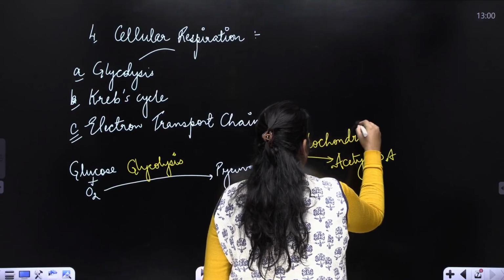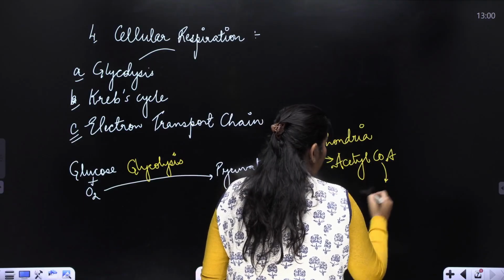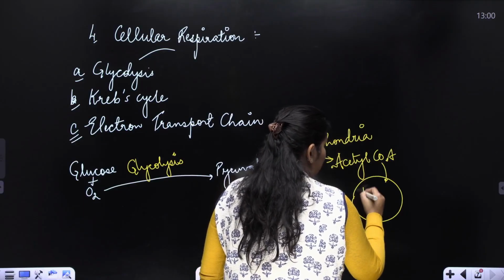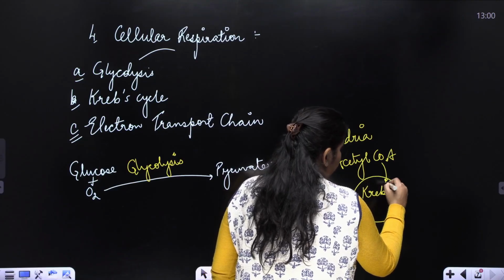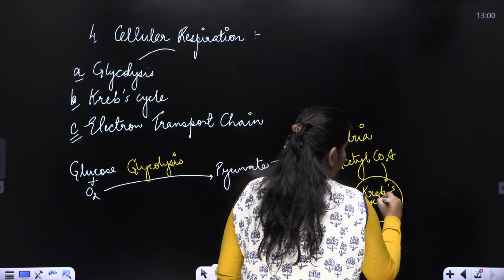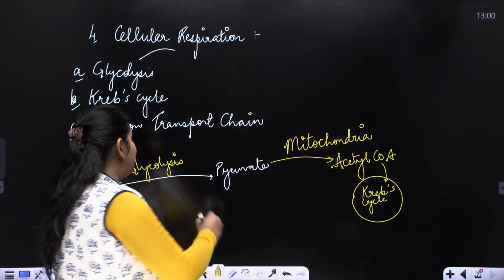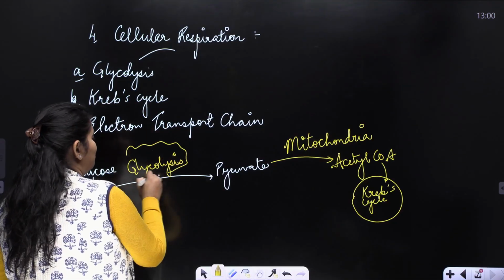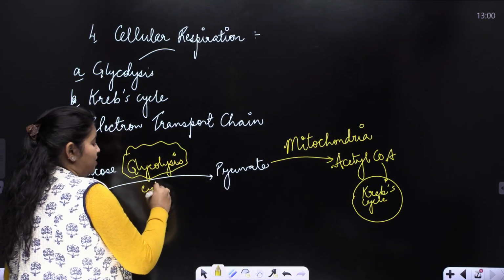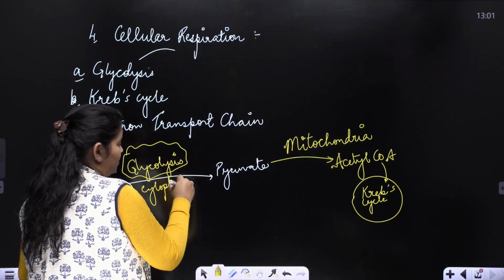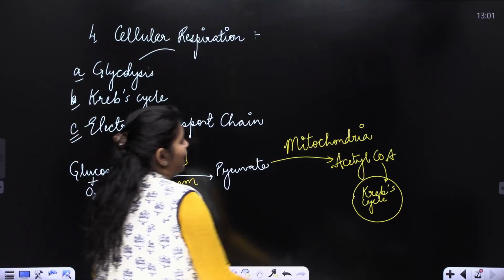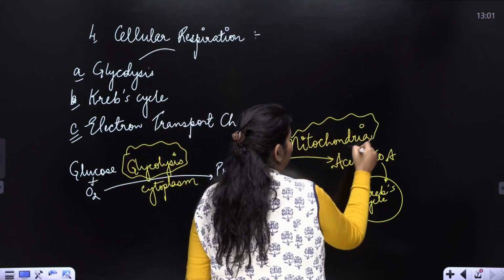The acetyl coenzyme A now enters the Krebs cycle. All right. So this is the second step which is happening in mitochondria. The glycolysis is happening in cytoplasm. The Krebs cycle is happening in mitochondria.